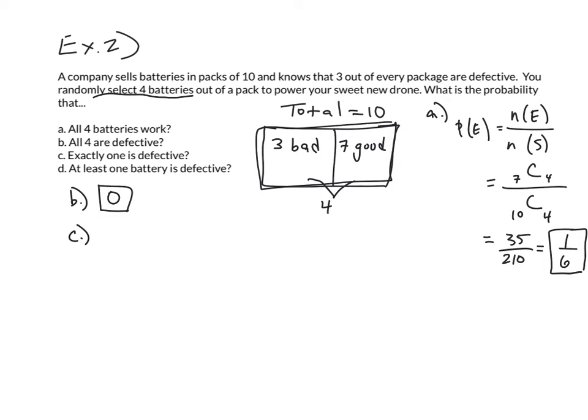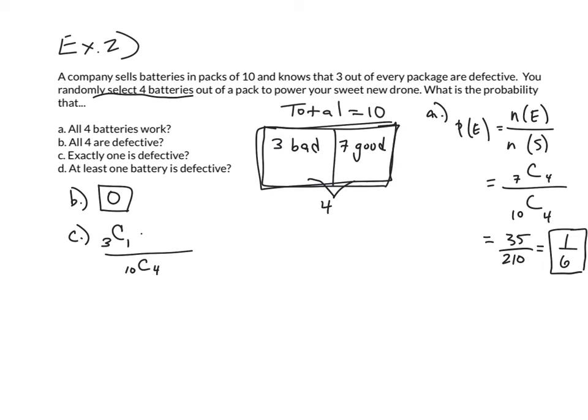For part C, what is the probability that exactly 1 is defective? Well, our denominator, again, our total sample space, are the number of ways that we can choose 4 batteries out of a pack of 10, combination, out of 10, choose 4. To get exactly 1 defective, well, how many ways can we choose 1 defective? It's some combination out of the 3 that are defective, choose 1. But to guarantee that exactly 1 is defective, we need to think about the other 3 being good.